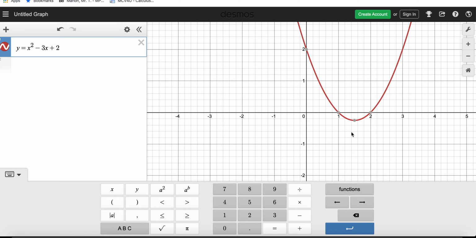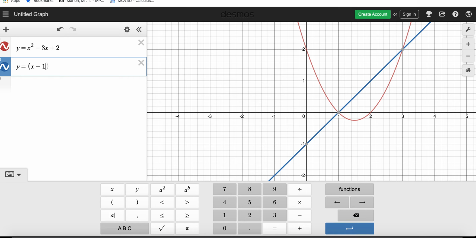Now, by looking at the zeros, r is 1 and s is 2. So I can write it in factored form now. Y equals (x minus 1), that's the first.